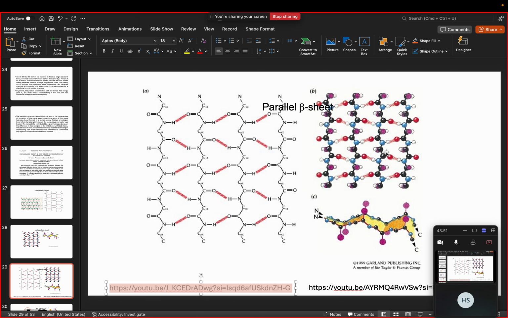But if we look at our physiological proteins, the proteins for which the structures are already known, it won't always be that the protein will be an alpha helix or always a beta sheet. There are 3D orientations and 3D motifs or domains which have a combination of alpha helix, parallel beta sheet, anti-parallel beta sheet. So there are some determined motifs in the biological system which have a unique function and a structure associated with them.